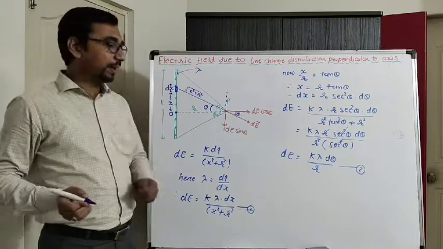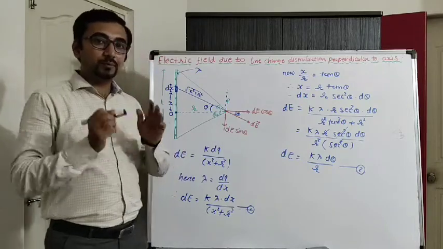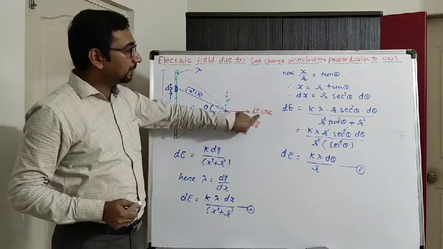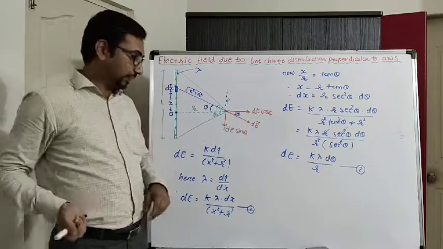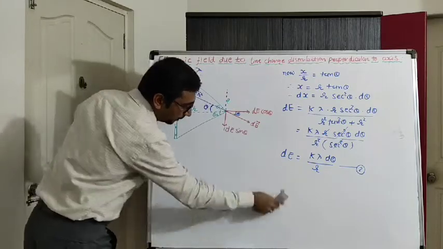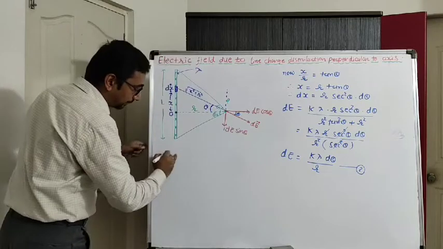So if we want to find the electric field's component which is perpendicular to this wire, then that will be dE cos theta. So first we'll find the perpendicular component of electric field.